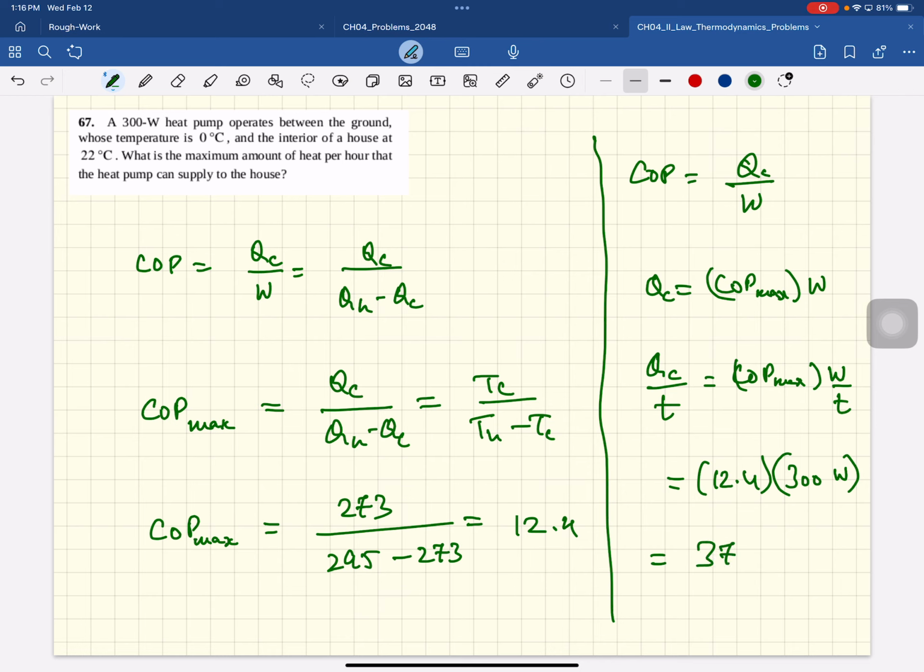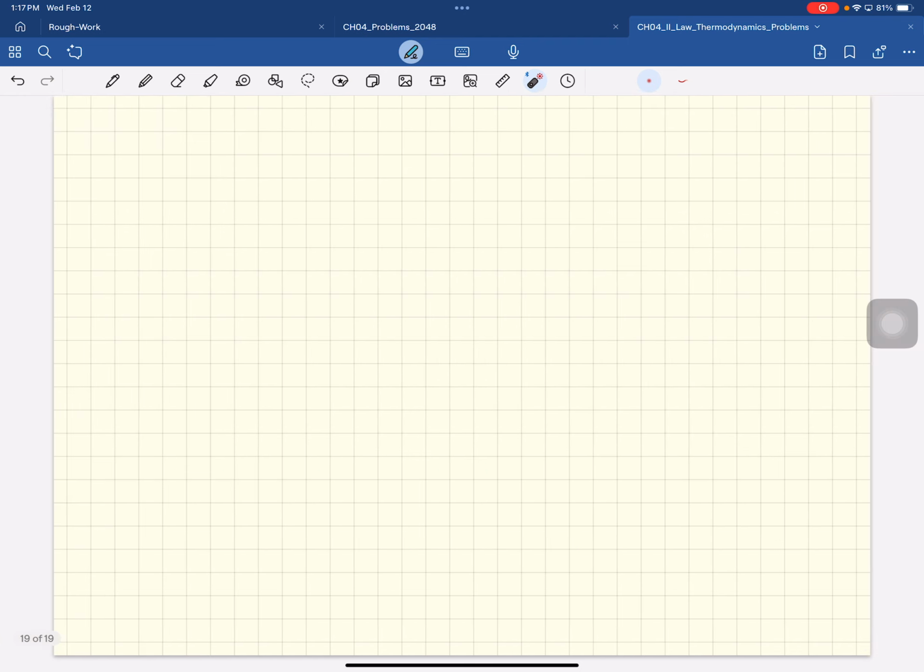So that's 3,720 watts. That's the amount of heat it's extracting from the 0 degree temperature. How much heat is it dumping into the house?